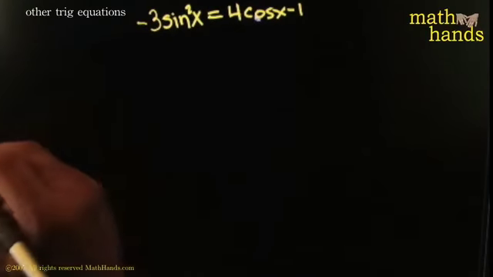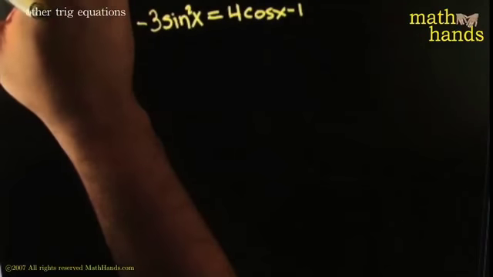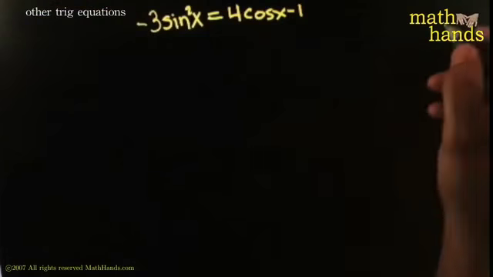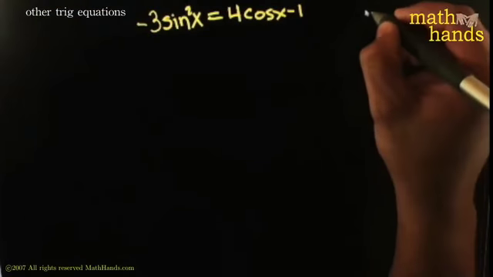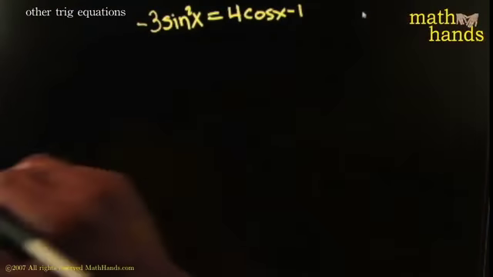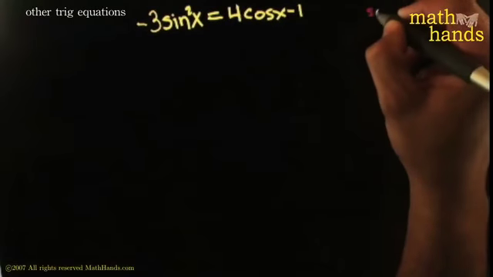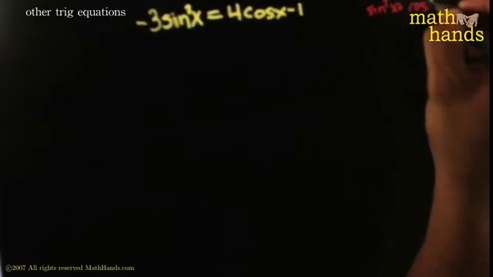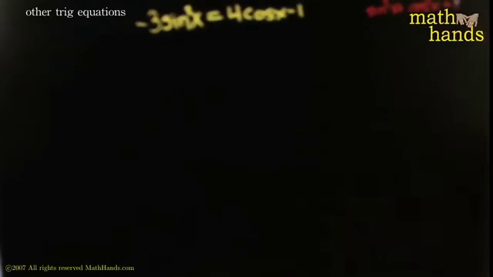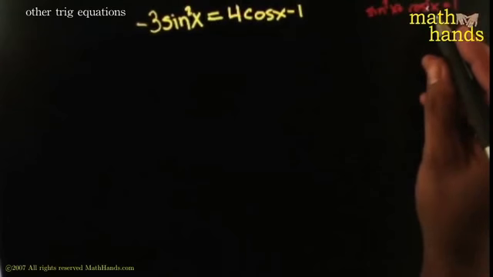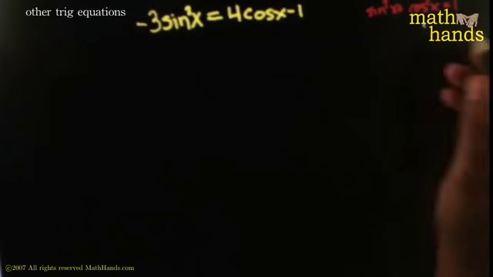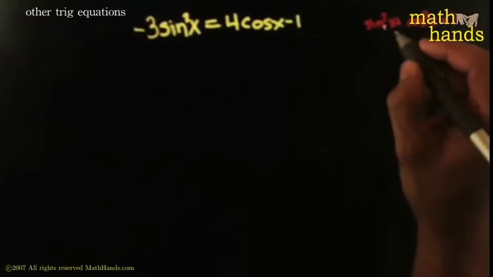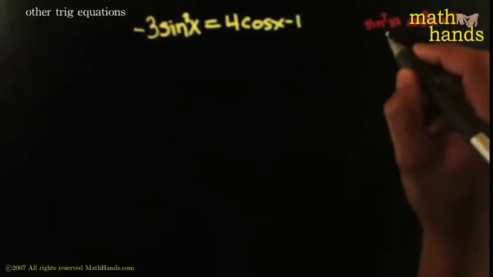Let me point that out here on the side. We know that every time we have a sine square x plus a cosine square x, that's equal to 1. That's the famous Pythagoras identity. Every single time you have a sine square, you could exchange it for the following.